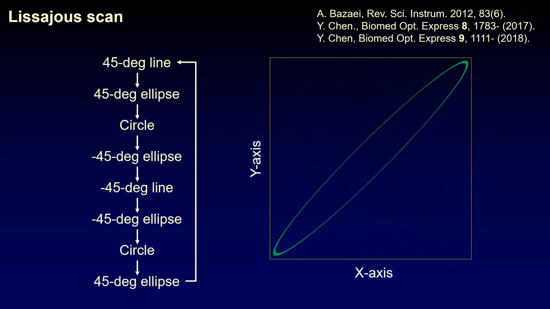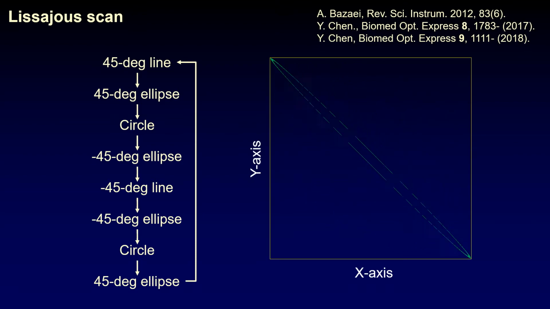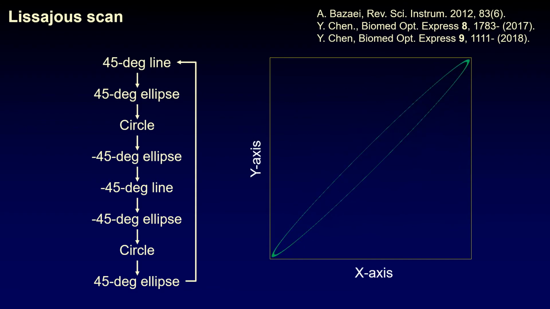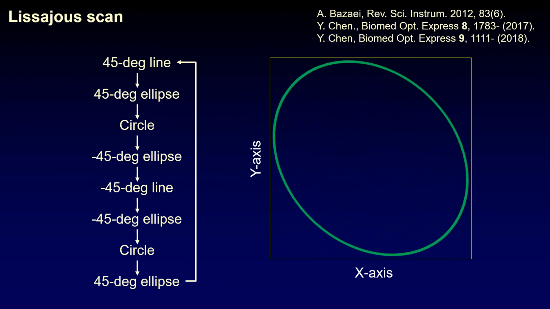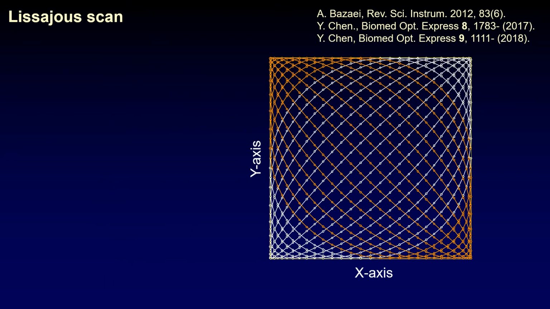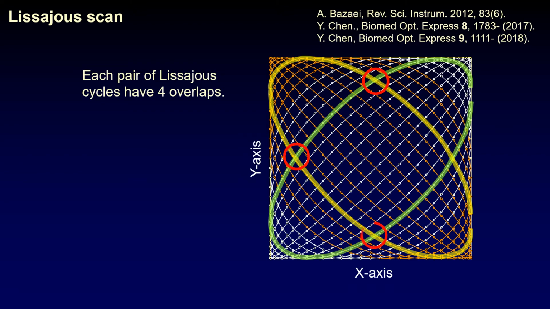This pattern is repeated several times and covers a certain area of the retina. The Lissajous pattern is particularly useful because each pair of segments of Lissajous cycle has 4 overlapping regions.